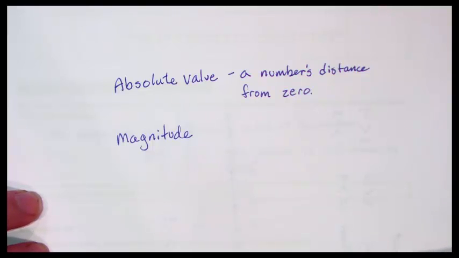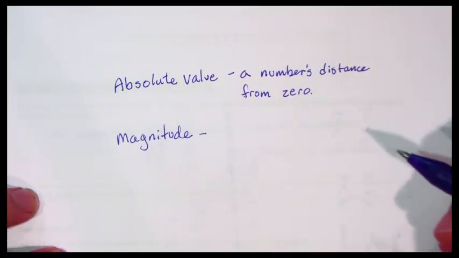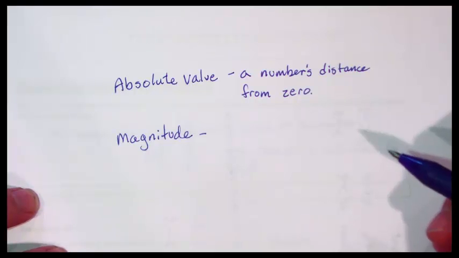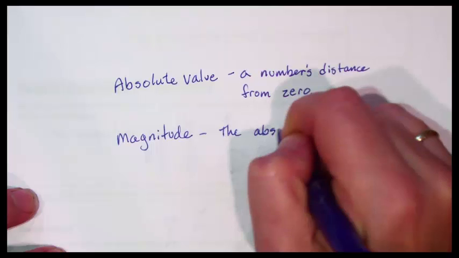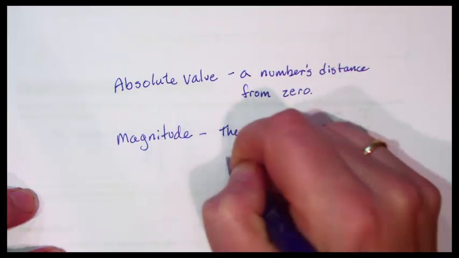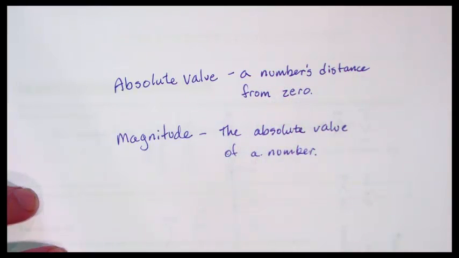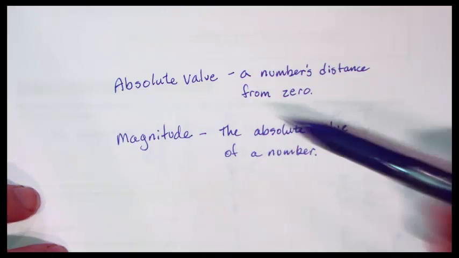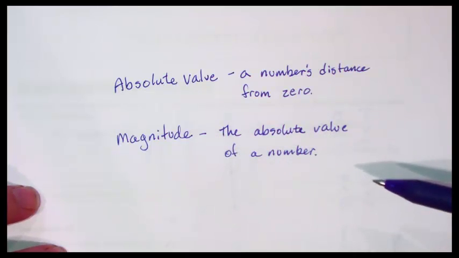Every number has an opposite, and both a number and its opposite have the same absolute value. Magnitude is the absolute value of a number. It's basically how big a number is, or how far it is from 0. So magnitude and absolute value are two ways of saying a number's distance from 0.